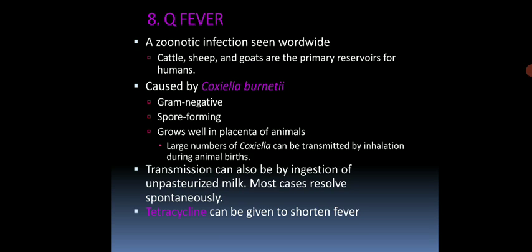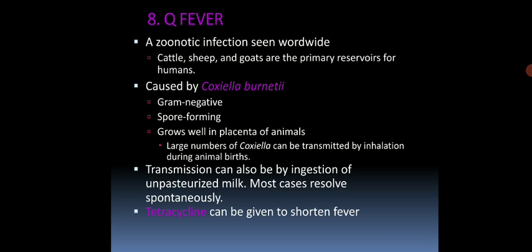It is a zoonotic infection seen worldwide, and it is mostly seen in cattle as well as sheep and goats. They are the primary reservoirs for this disease-causing agent, Coxiella burnetii. It is gram negative, spore forming, and grows well in the placenta of animals, and a large number of Coxiella can be transmitted by inhalation during animal births.